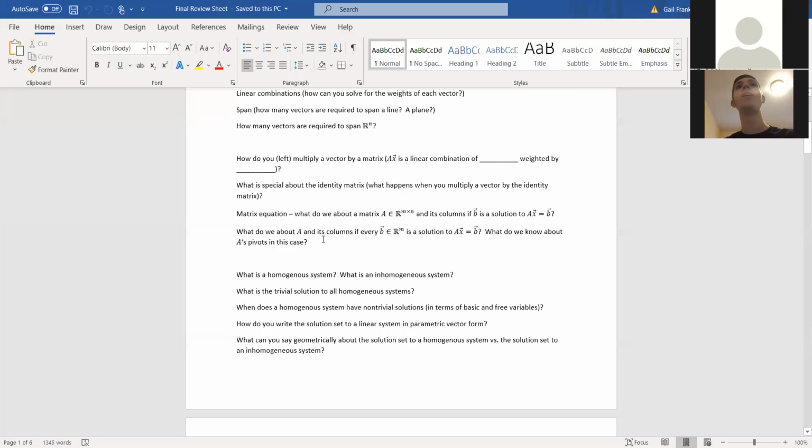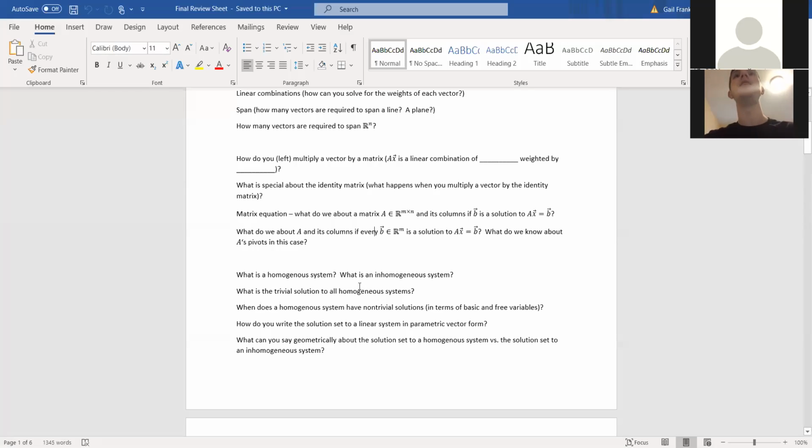What do we know about A and its columns if every b has a solution to Ax equals b?